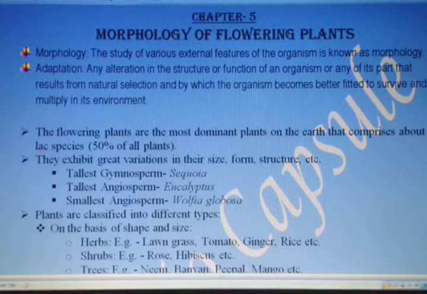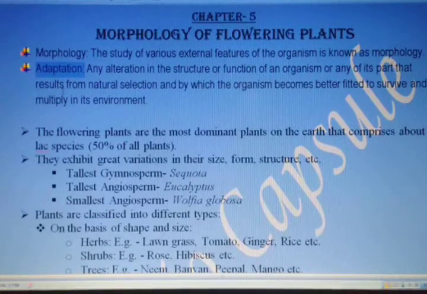The first word that I have taken here is morphology, as in the name of the chapter, Morphology of Flowering Plants. The second word is adaptation. How do we adapt ourselves to changing climatic conditions?